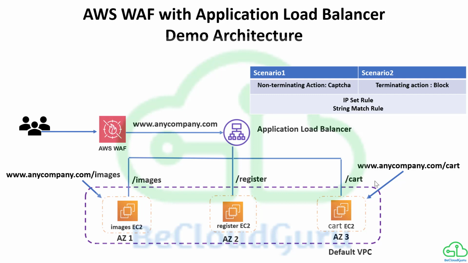Just to let you know, I have kept this architecture ready to save some time. We have already created these three EC2 instances along with the application load balancer, and it's already working. As a next step, we will go and configure the AWS Web Application Firewall.